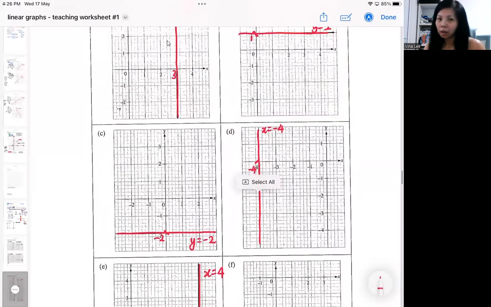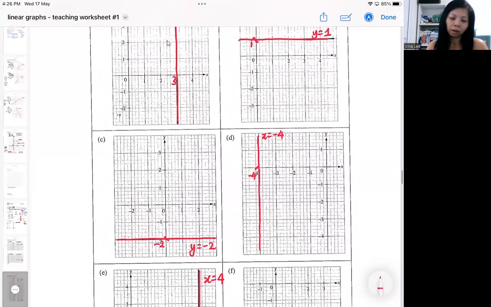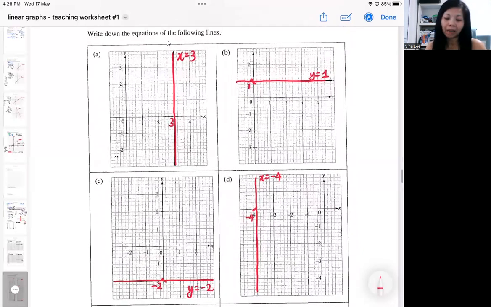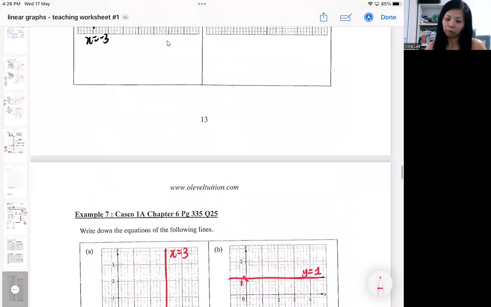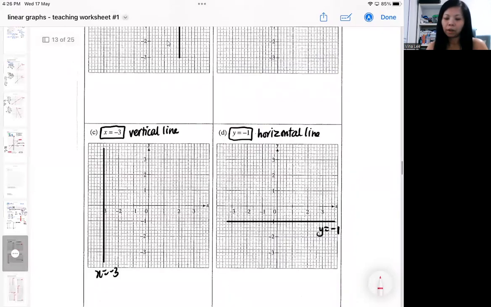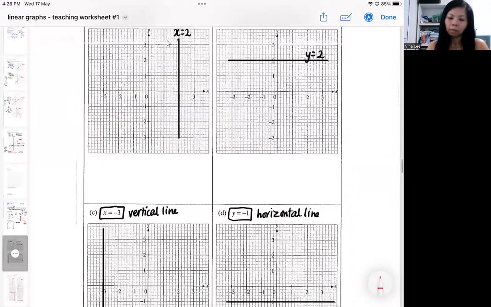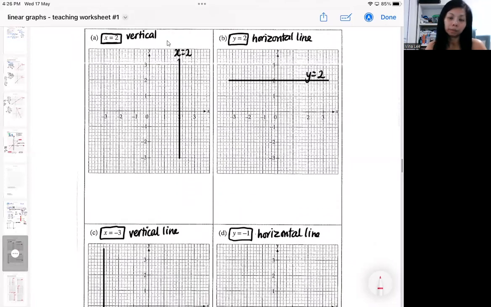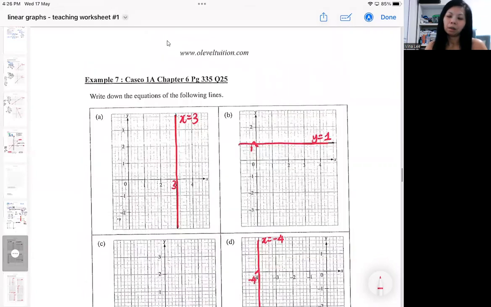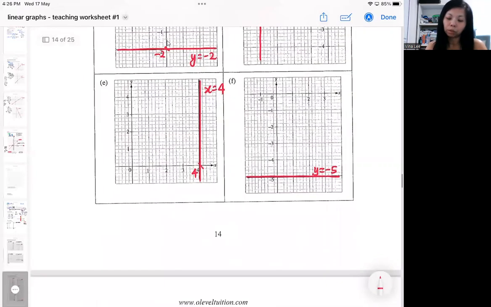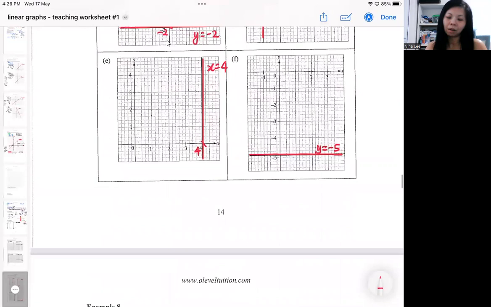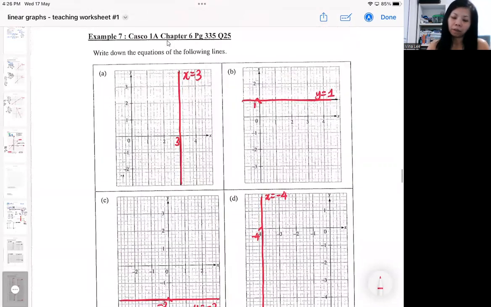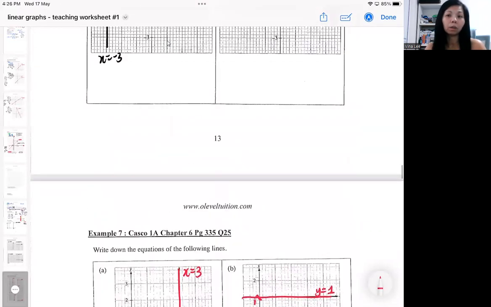If I ask you to look at a vertical line and a horizontal line, you must be able to tell the name, which is the equation. Or if I give you the name, you should be able to draw out the line, whether it's vertical or horizontal. This will be the first basic thing you need to do. At least you must be able to tell how a vertical line and a horizontal line look like.